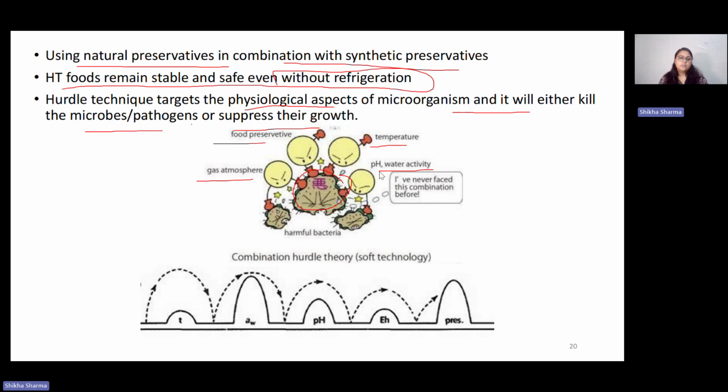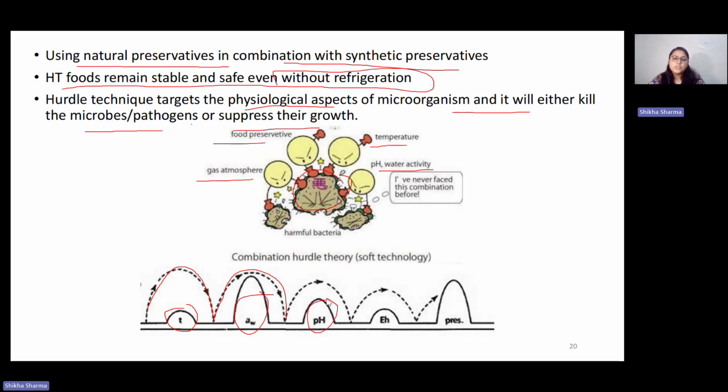So here we can see that the microorganisms, suppose first is temperature we are applying. So microorganisms, it is crossing the temperature hurdle. Then water activity is there. So that is microorganisms able to grow here also.